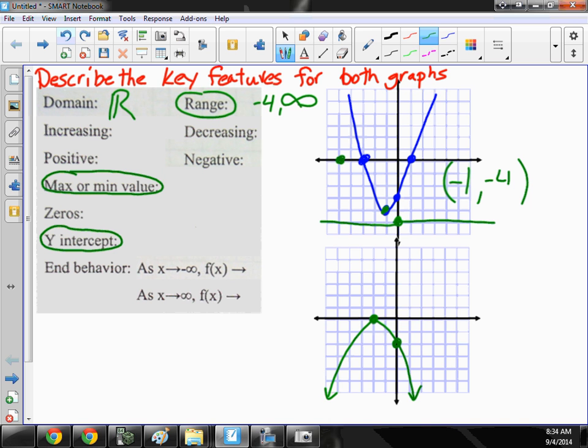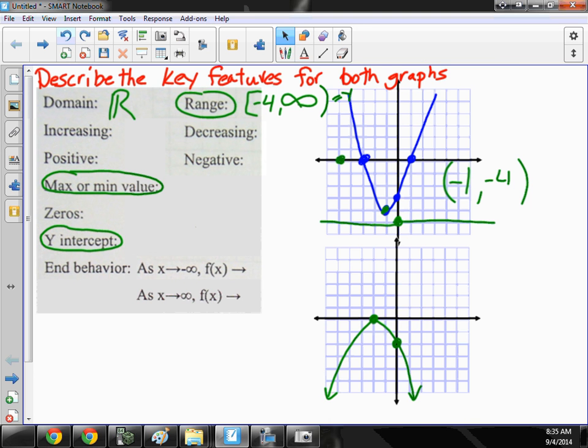Does the graph actually hit -4? Yes, so we use a bracket. Does the graph actually hit infinity? No, we can never hit infinity, so that's a parenthesis. And again, you might want to put x equals on most of them, but y equals on the ones that are not x's.